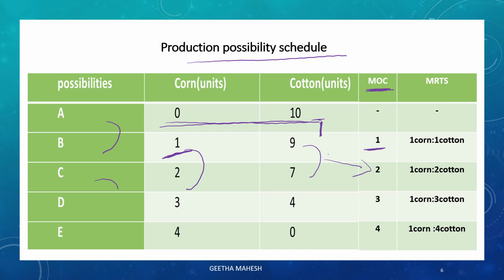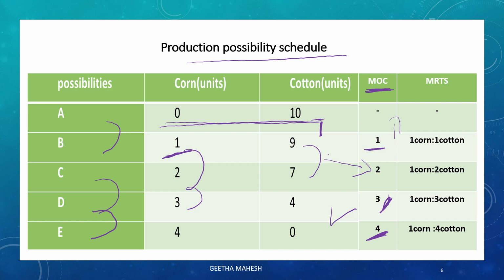When it moves from combination C to D to have one more additional unit of corn, again it is sacrificing, but that sacrifice keeps on increasing, that is 3. Now when it moves from combination D to E, you can see here the sacrifice of cotton has increased to 4. That means marginal opportunity cost keeps on increasing.